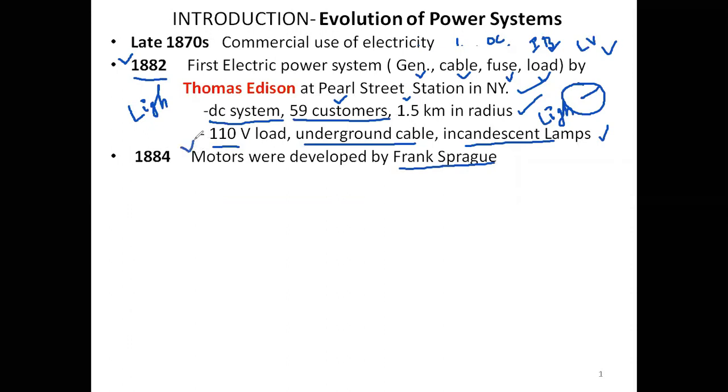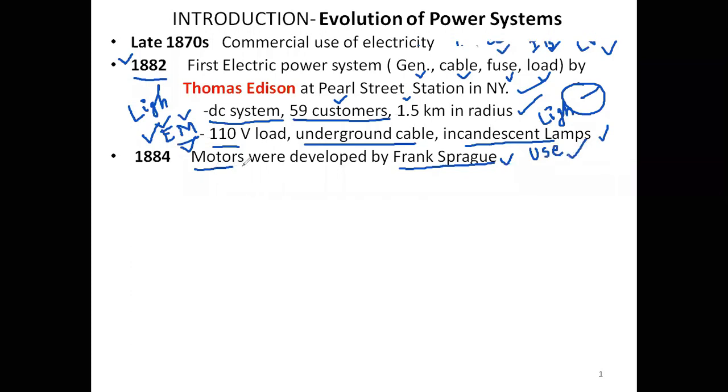After developing these motors, electricity became very useful, because it became possible to convert electrical energy to mechanical energy. Because of this, motors are used in many applications, so the use of electricity was more at that time.